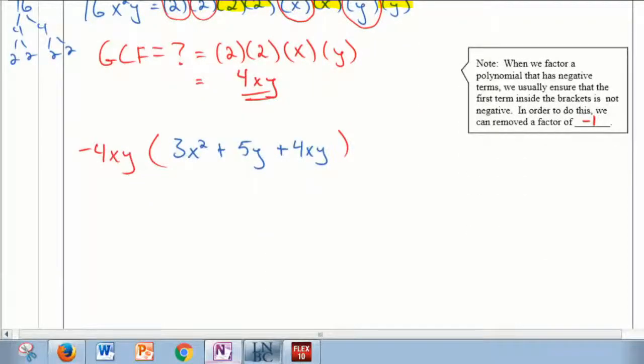All right, what did I start with? Well, I started with -12x cubed y minus 20xy squared minus 16x squared y squared.